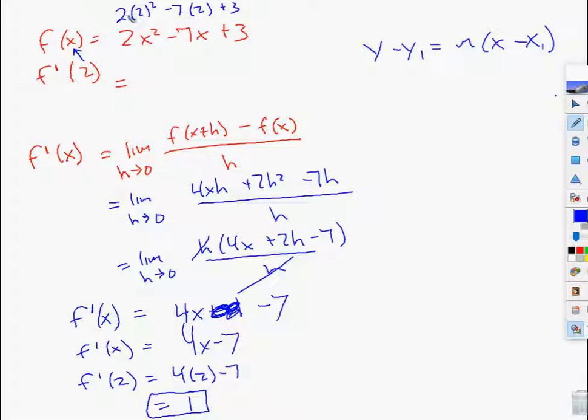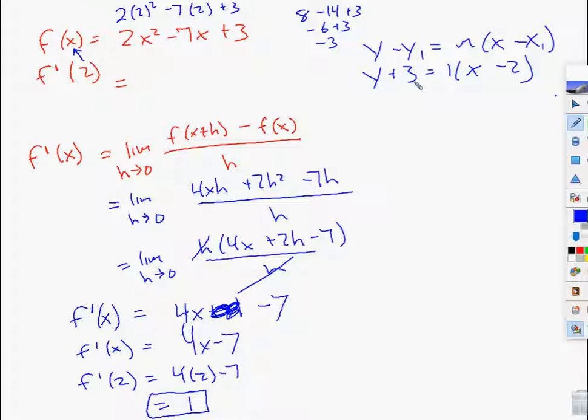That's going to be 4 times 2, which is 8, minus 14 plus 3, so negative 6 plus 3, which is negative 3. Okay, so this gives me f of 2, so that's negative 3, so y plus 3, m, we just calculated, is 1, and then x is the 2, so minus 2.